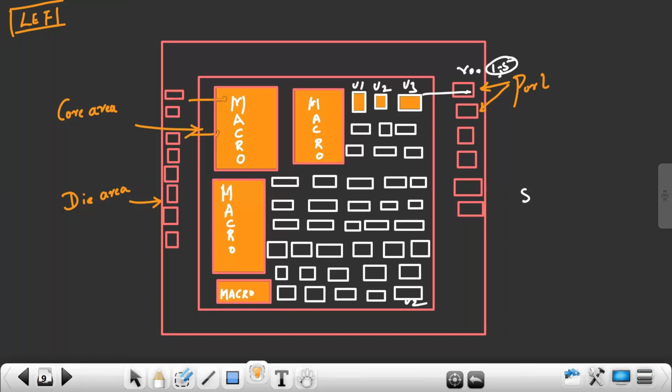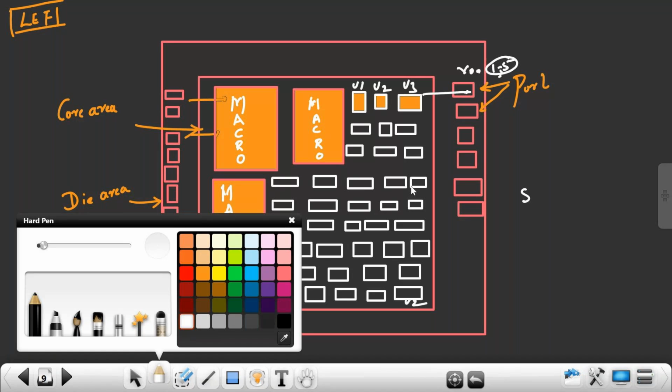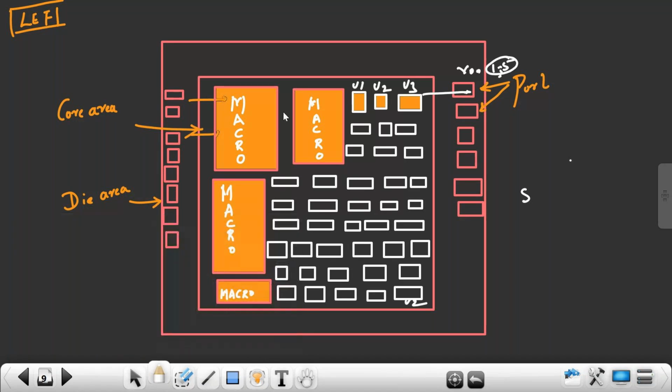Just placed inside the core area. So we have to do better placement. This placement is going to drive my next stages. If this placement is wrong, everything is gone. Macro placement is very important. If macro placement is wrong, everything is gone. In physical design, macro placement plays a very important role.